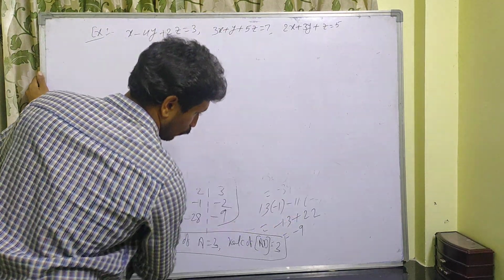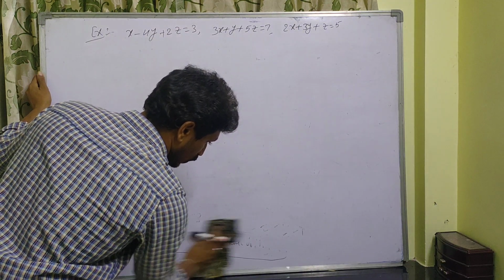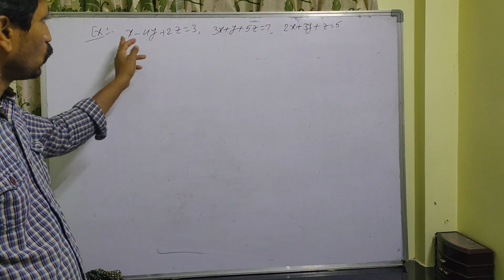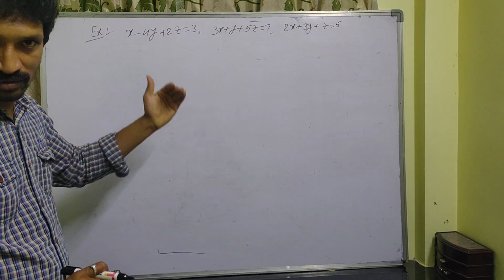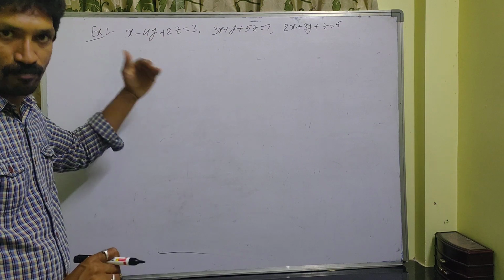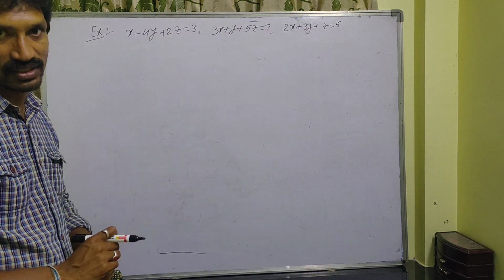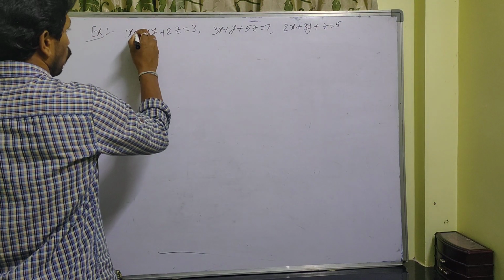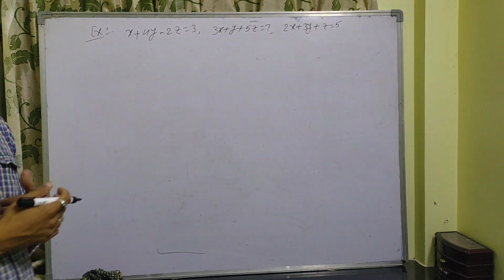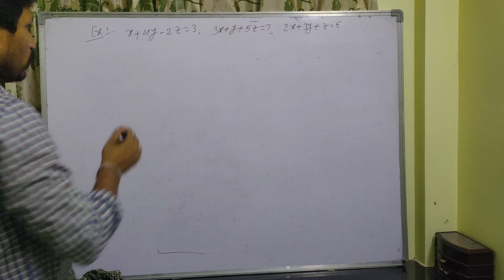Whenever you are doing a problem, if you choose the coefficients in a different way, that means plus means minus, minus means plus, by mistake you get the wrong answer. Okay, here the original question is 1 plus 4y minus 2z is equal to 3. Same, you take AD here.